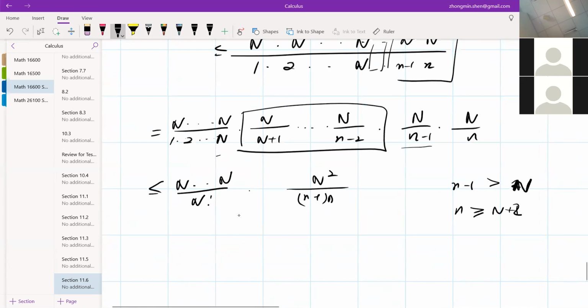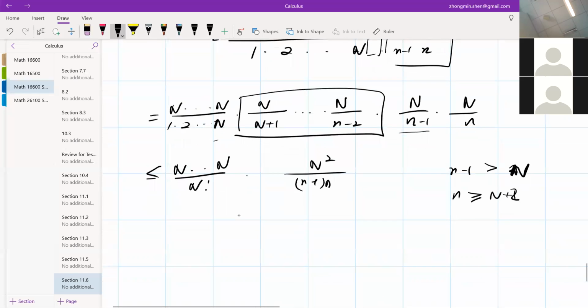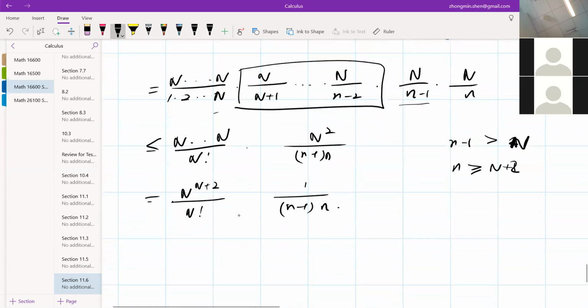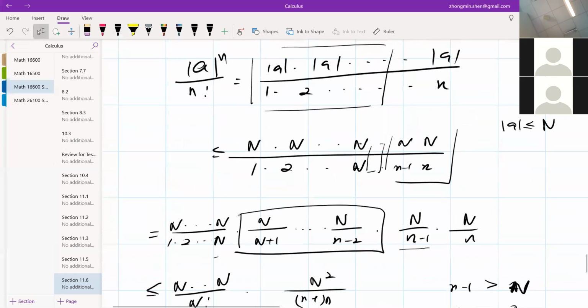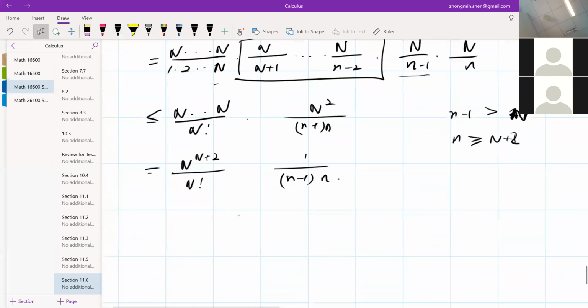Okay. So now you group them together, you will get n. Here's capital N plus 2. Okay, n factorial, this anyway is constant. And you have this. So you do have to get an estimate, and this is convergent, right?